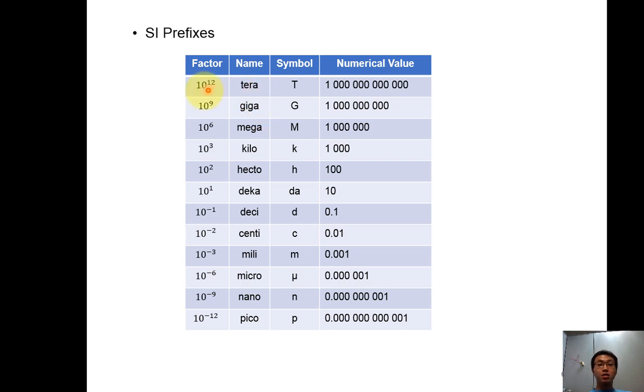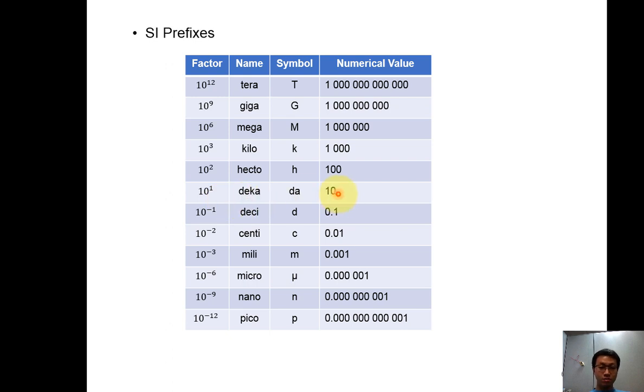For example, tera is 10 to the power 12, which means we have 12 zeros. Giga is 10 to the power 9, with 9 zeros. Mega is 10 to the power 6, 6 zeros. Kilo, 10 to the power 3, 3 zeros. Hecto, 10 to the power 2, 2 zeros.